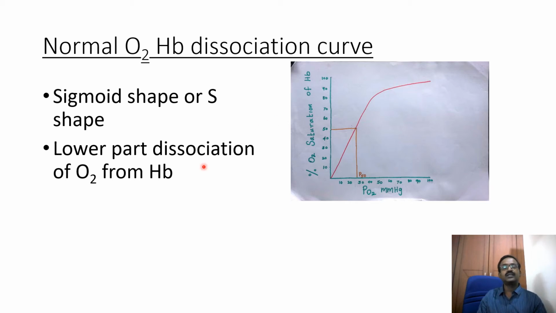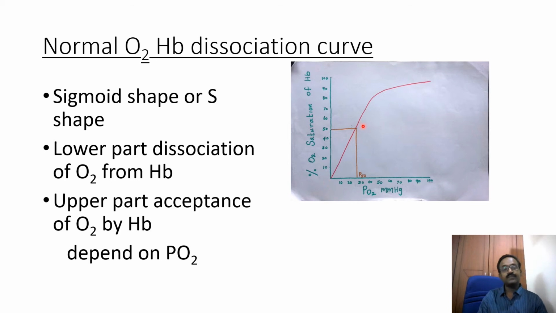The lower part favors the dissociation of oxygen from hemoglobin: when the partial pressure of oxygen decreases, oxygen is released from hemoglobin. The upper part favors the acceptance of oxygen by hemoglobin: when PO2 is high, the hemoglobin affinity for oxygen is more.